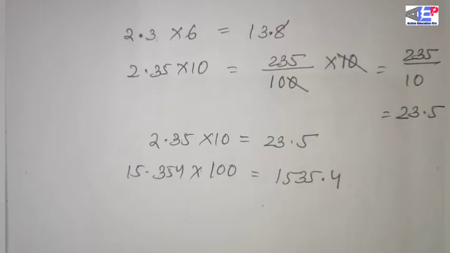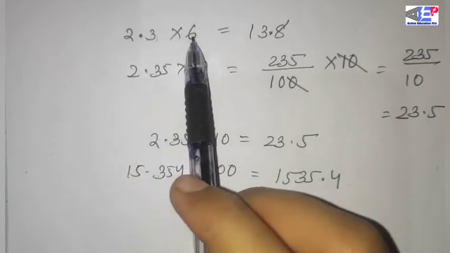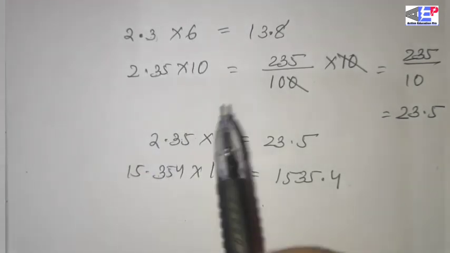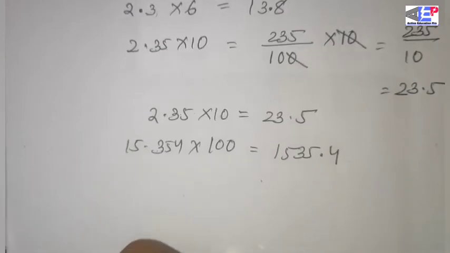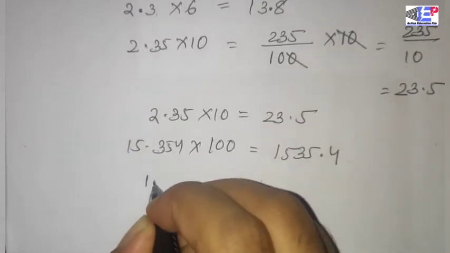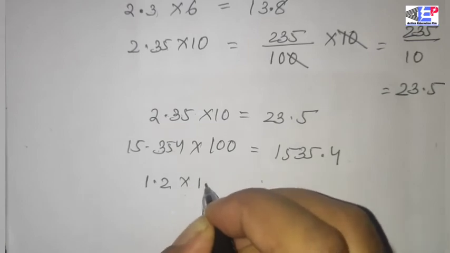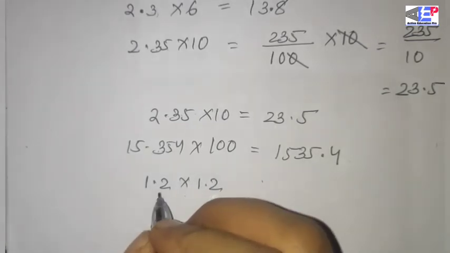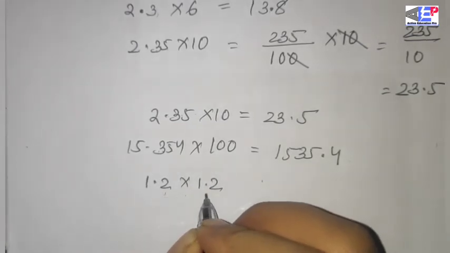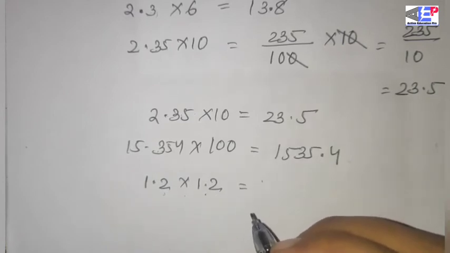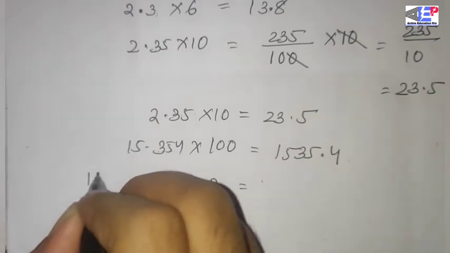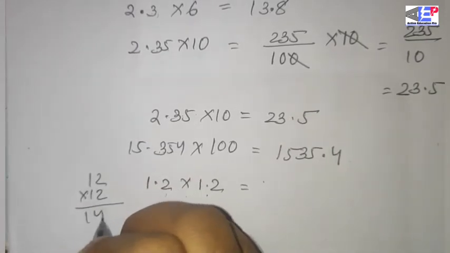Then another case: first we multiply a decimal number with a whole number, then multiply decimal numbers with multiples of 10, then multiply a decimal number with a decimal number. Suppose this is 1.2 with 1.2. Look here, it has a decimal point and also this number has a decimal point. So first normally you multiply the numbers 12 and 12. So 12 into 12 is 144.